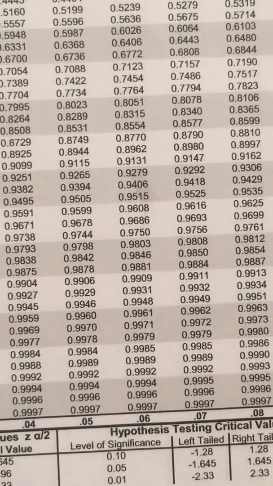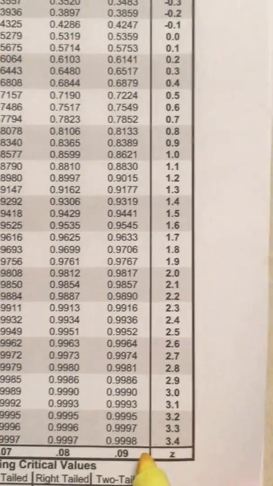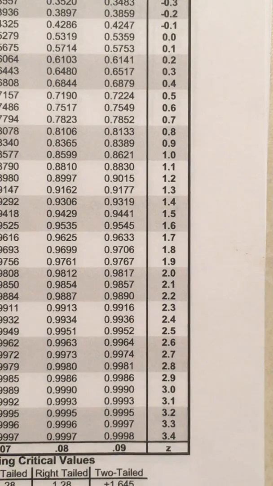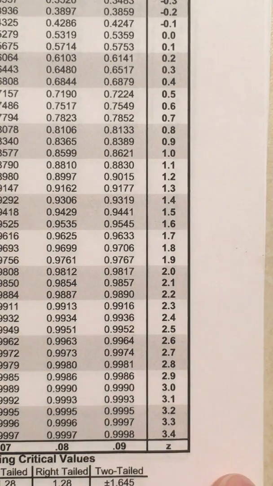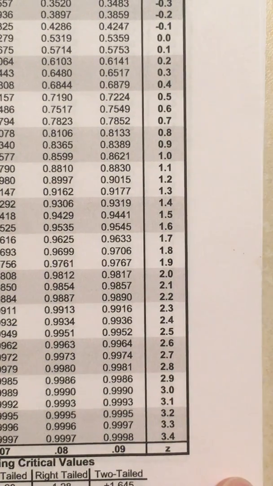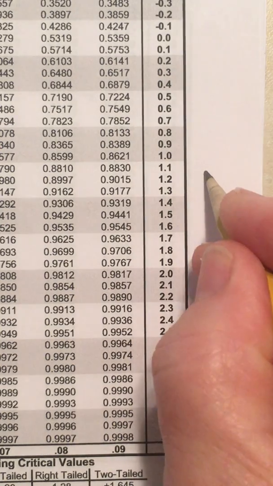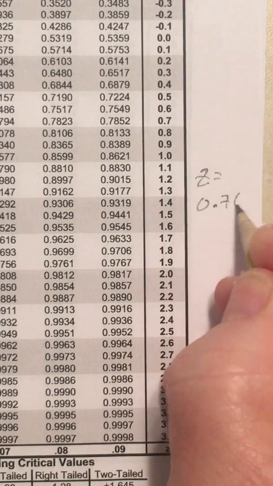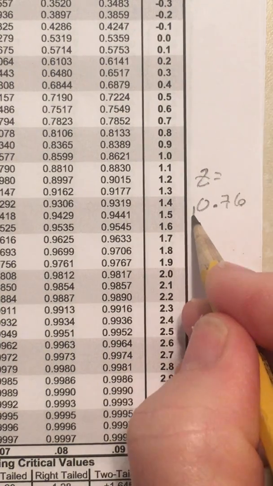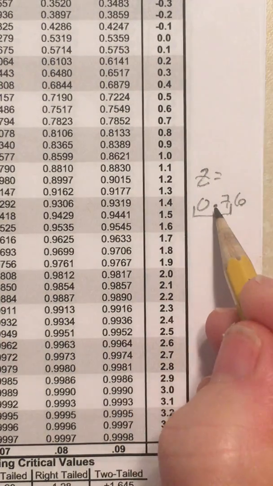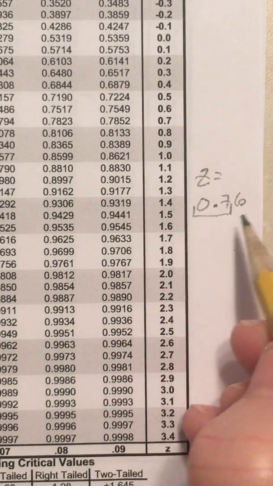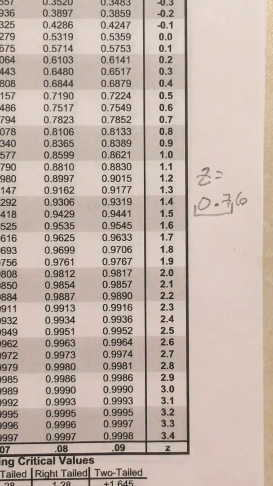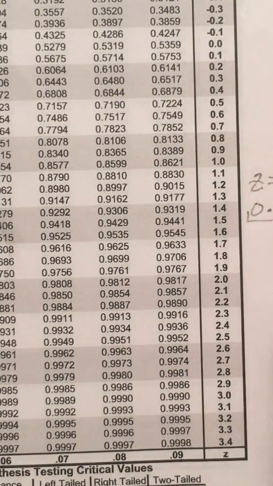And let's try one more. Suppose we want to find the table value that corresponds to a z-score of, let's say, 0.76. Suppose our z is 0.76. 0.7 is the digit immediately in front of and behind the decimal point. That tells us which row to be in. So I'm going to enter this time from the right, 0.7.